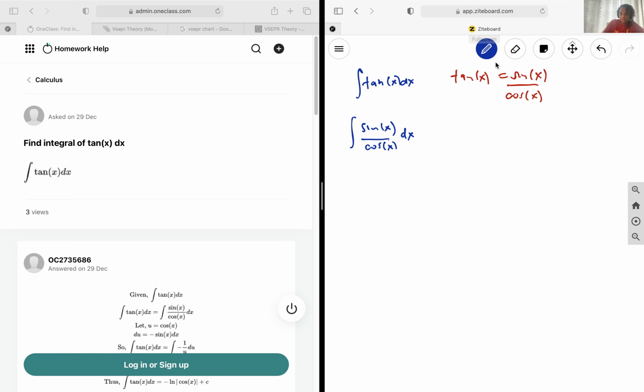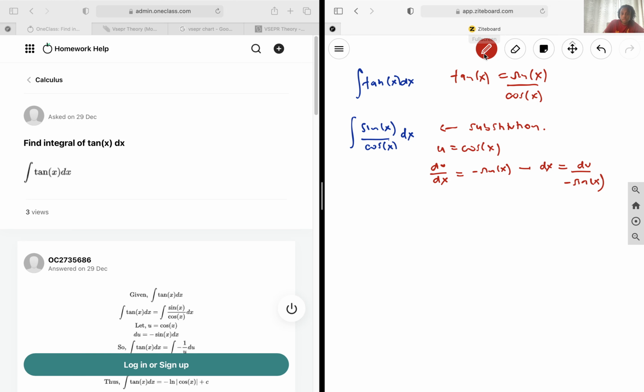And we're going to solve this using substitution. And so we are going to state our u as cos x. du over dx is going to give us minus sine x. So dx is equal to du over minus sine x.